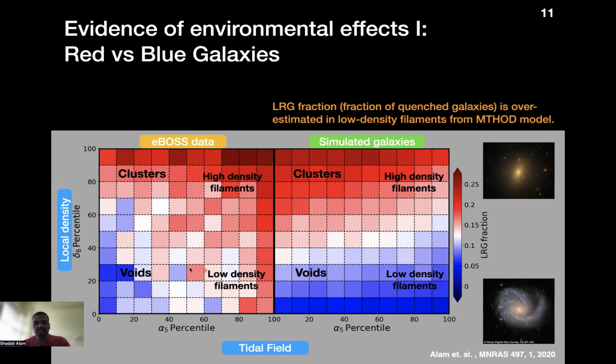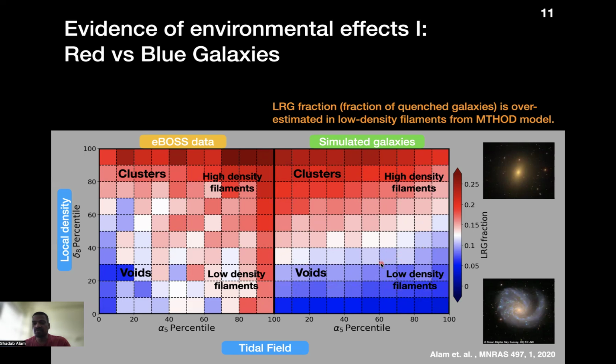But on the tidal axis, especially in the low overdensity environment, where the overdensity is small enough that the halo can have a more significant role in what happens, we find that this model does not predict what is seen in the data, particularly in the low density, tidally anisotropic environment, filaments.